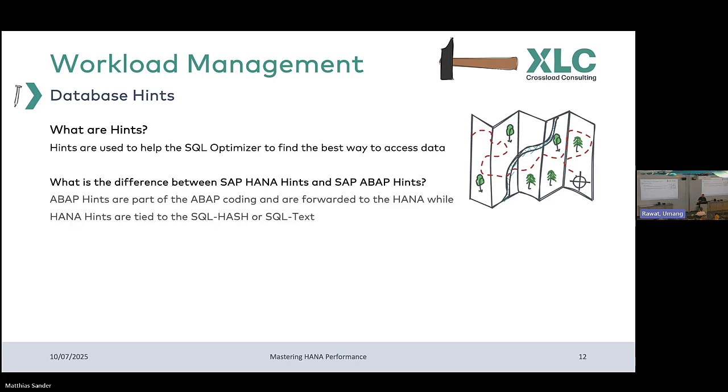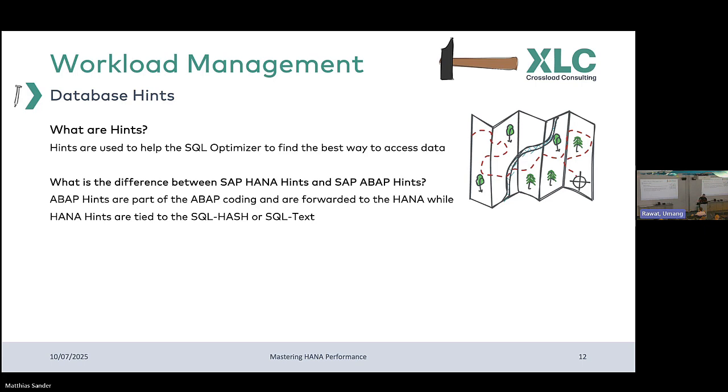There are these ABAP hints, which some of you may know as developers from the development side, and also the hints from the HANA side. The main difference to consider is that the ABAP side has the benefit that even if the SQL changes, so even if the SQL hashes are different, the hint is still executed, as it is part of the ABAP coding. It is transferred to the HANA database and executed with the hint, regardless of whether the SQL hash changes or not.